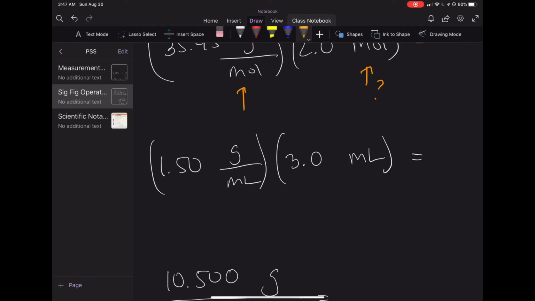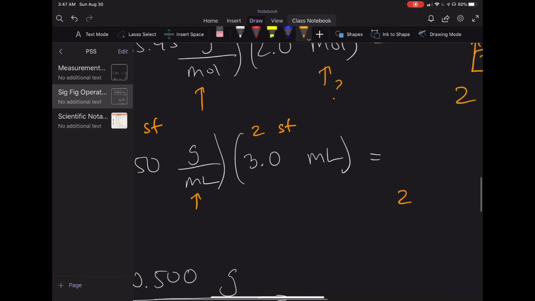Next example, 1.50 grams per milliliter times 3.0 milliliters. Grams per milliliter is the units for density. And one of our first labs, or at least one of the labs we do, is a lab about density, trying to figure out the density of a substance. But let's say you have the density of something, and you also know that you have 3 milliliters of it, and we want to multiply these. 1.50 has 3 sig figs, 3.0 has 2 sig figs, so our final answer is going to have 2 sig figs.